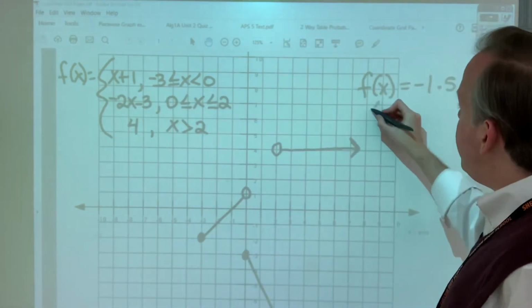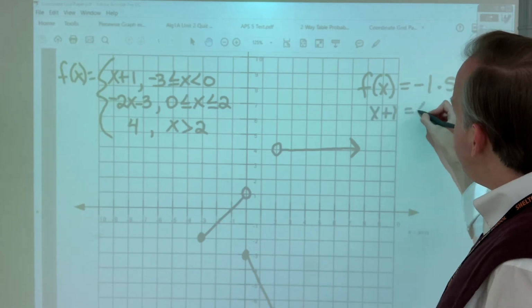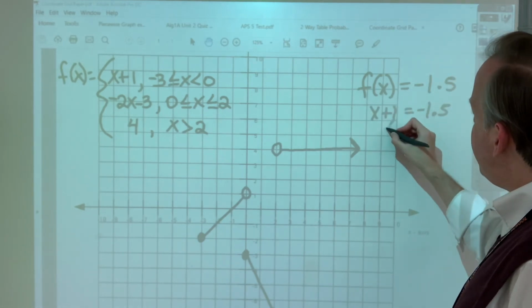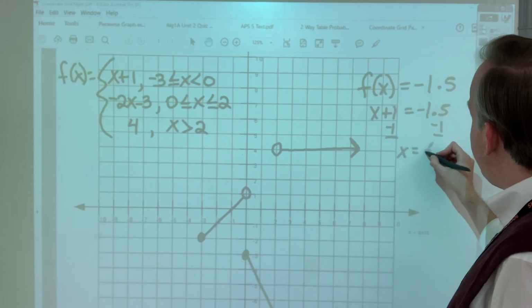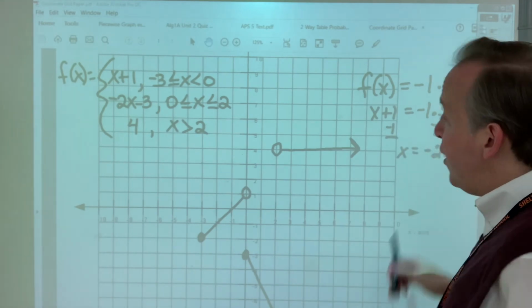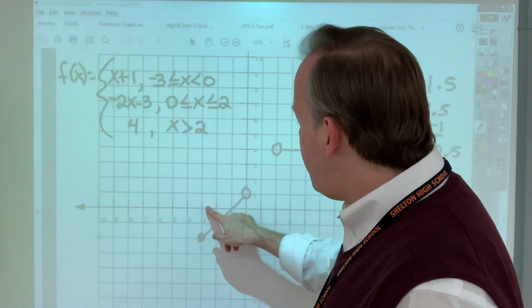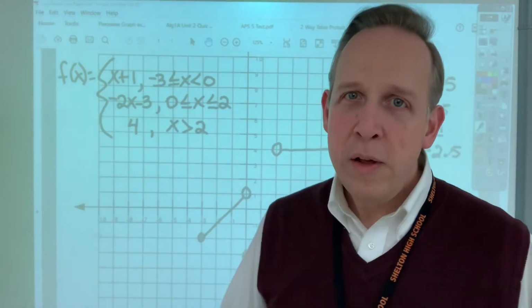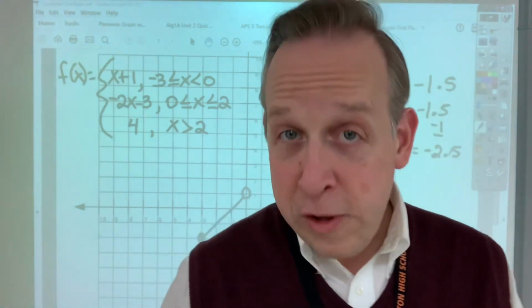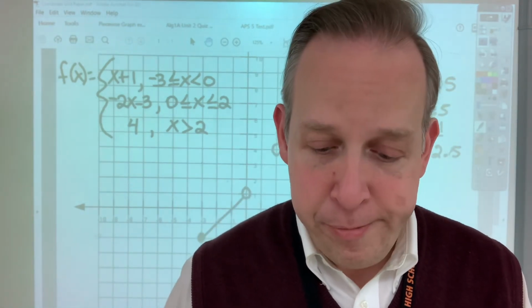So what I want to do is say x plus 1 equals negative 1.5. Subtract 1 from both sides, and x equals negative 2.5. So negative 2.5 will get me an output of negative 1.5. We can use the piecewise function in multiple ways. You just got to be careful.